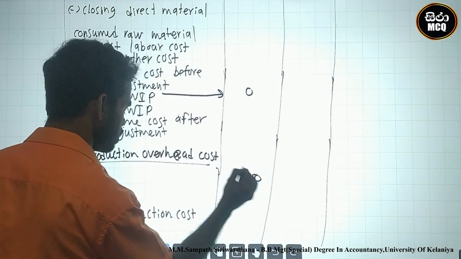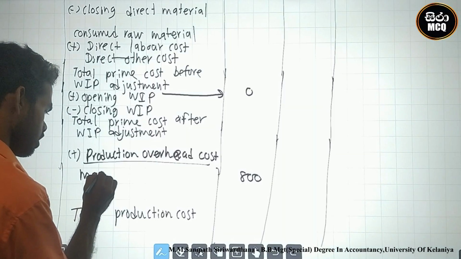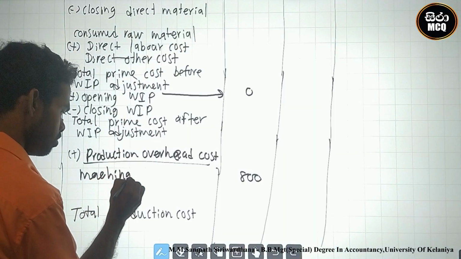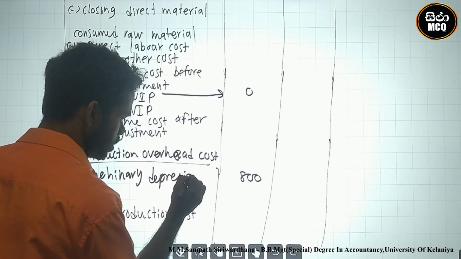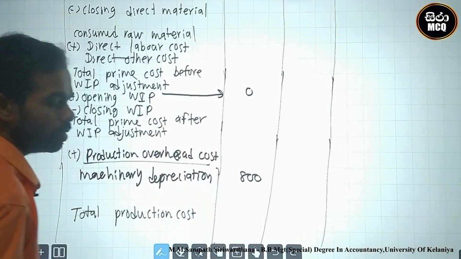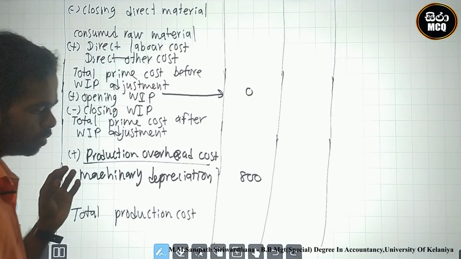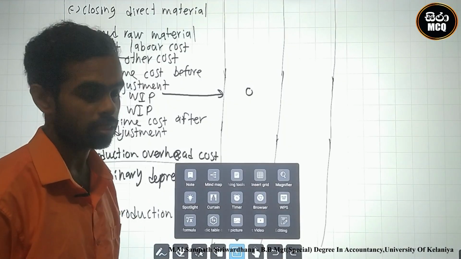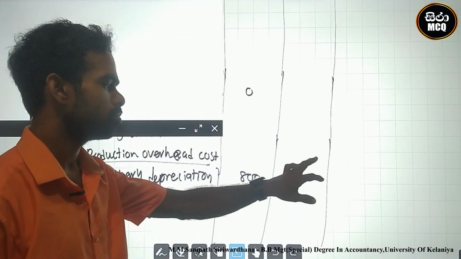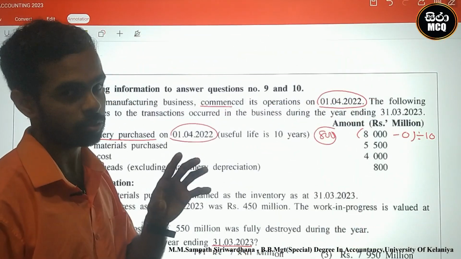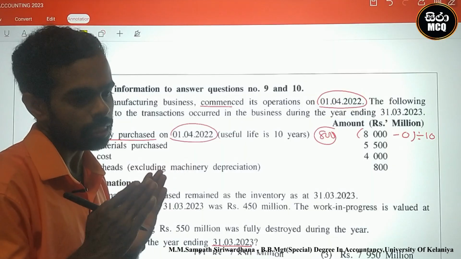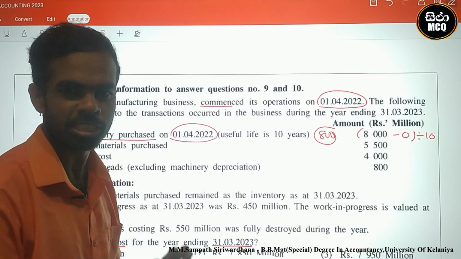Machinery depreciation was 800. We do not include the cost of machinery, we must include machinery depreciation for the year. Why? The acquisition date was the opening day, so for the total year we can identify the depreciation expense.